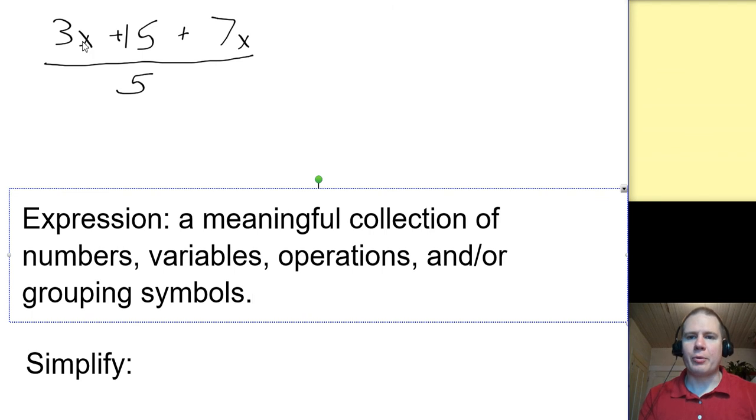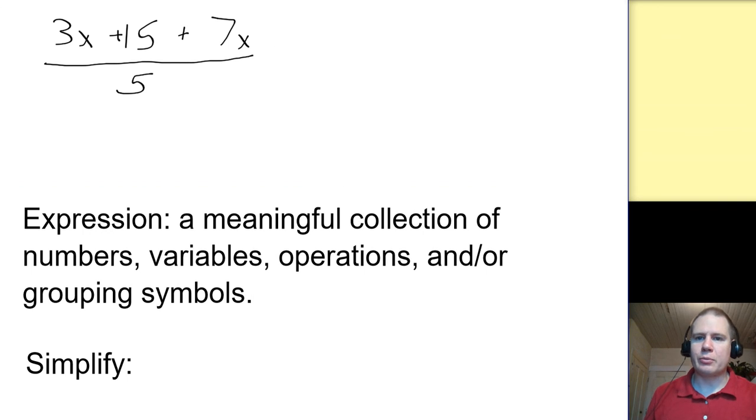So I have a couple of variables here, x listed twice, and 3, 15, 7, and 5, those are all numbers. I've got some addition, division, and hidden within that division is in fact a grouping symbol.